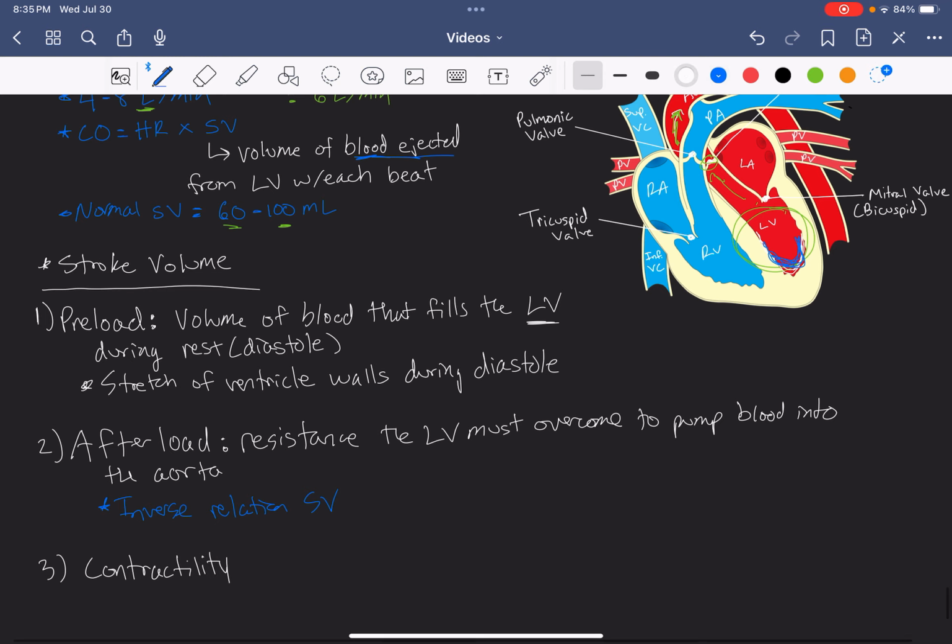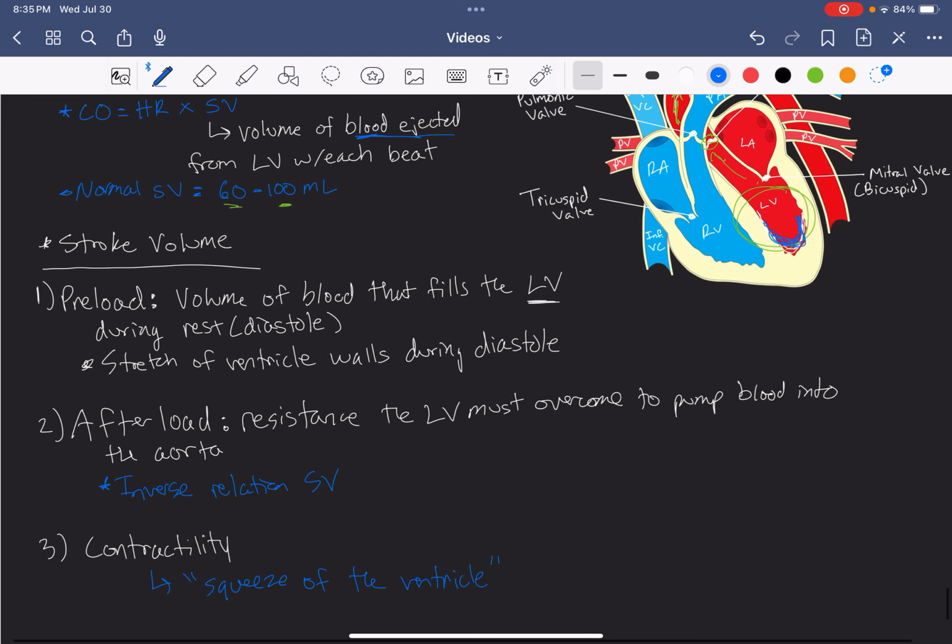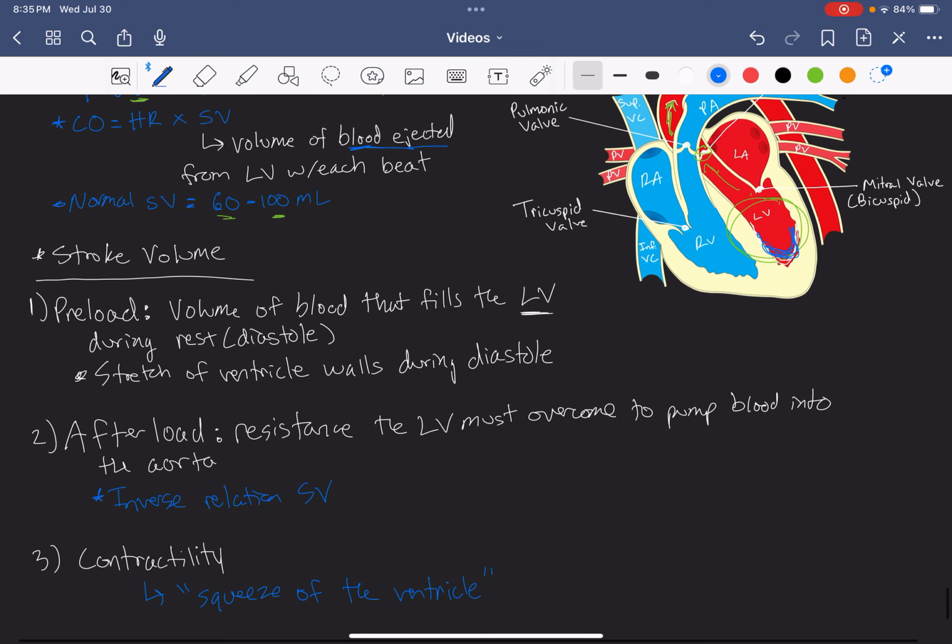So contractility, just think of this as the squeeze of the ventricle. A stronger contractility means there's going to be a stronger squeeze, more blood is going to be ejected out of the ventricle. It's going to lead to an increased stroke volume, increased cardiac output, and then vice versa. Decreased contractility is going to lead to a decreased stroke volume and a decreased cardiac output.